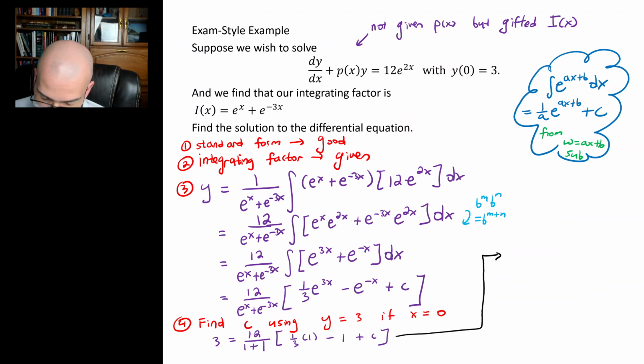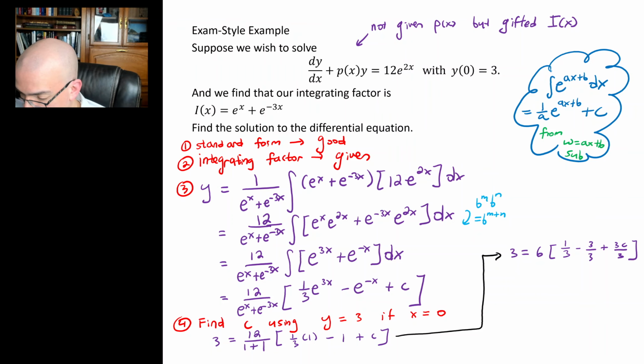So I have 3 is equal to 12 over 2, 6 times 1 over 3 minus 1 plus c. Let's make common denominators.